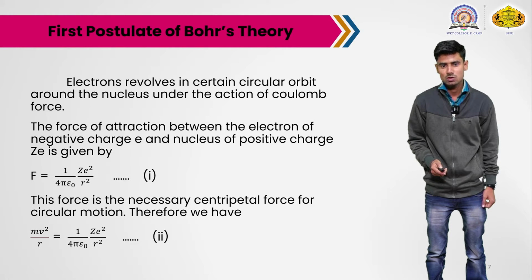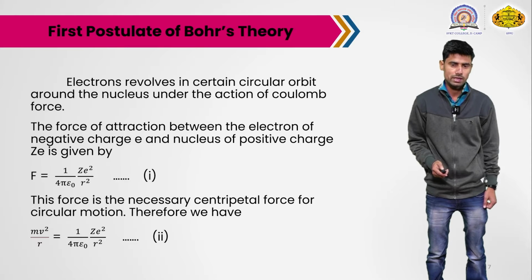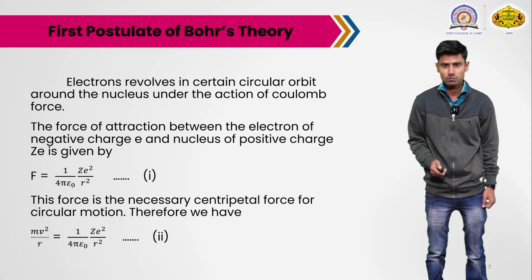The total charge on the nucleus will be Ze, and the charge on a single electron is minus e, and therefore there will be a force of attraction between the positively charged nucleus and the negatively charged electron, which is given by Coulomb's formula.